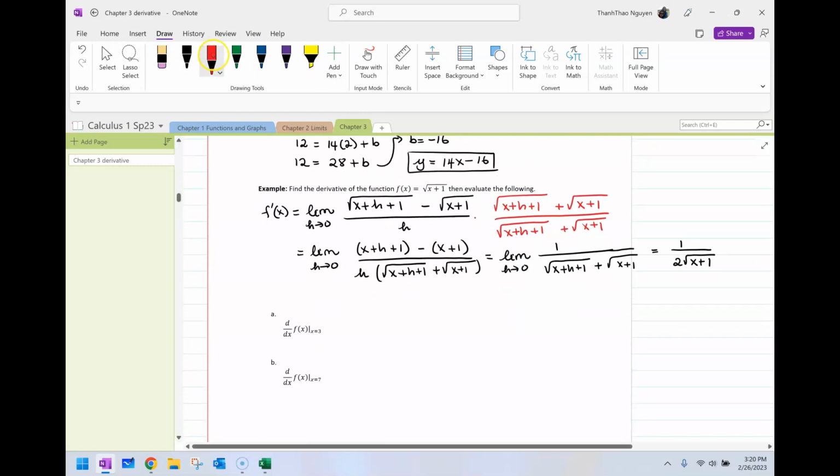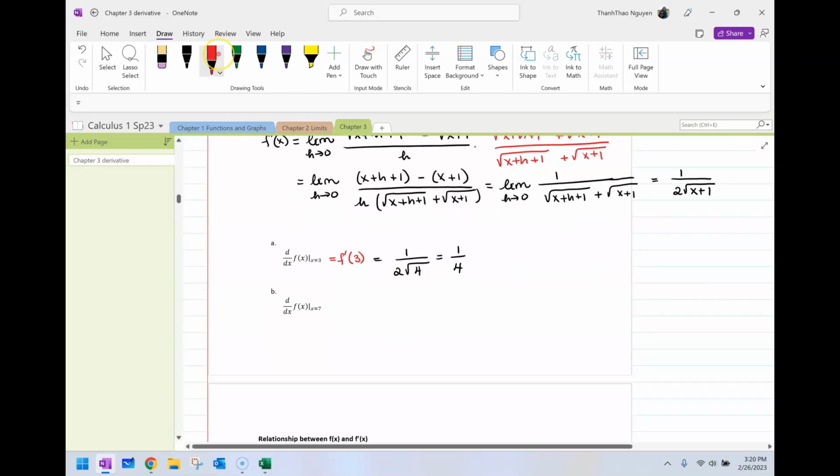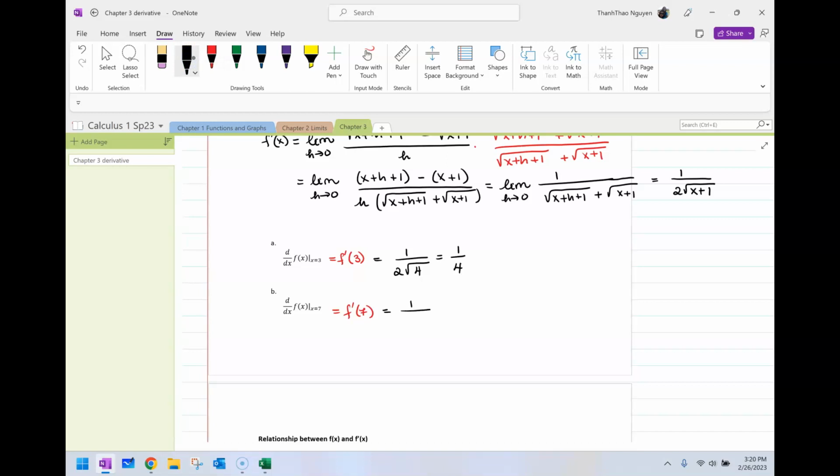This notation here is meant to evaluate f prime at 3. f prime at 3 is equal to 1 divided by 2 times square root of 4. That is 1/4. At 7, we then evaluate f prime of 7, which is equal to 1 divided by 2 square root of 8. That is 1 over 2 times 2 root 2, which is 1 over 4 root 2.